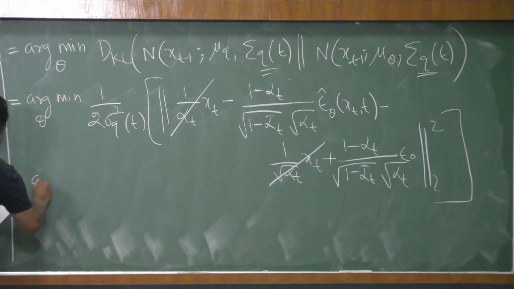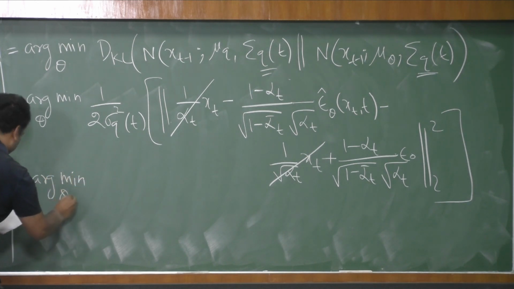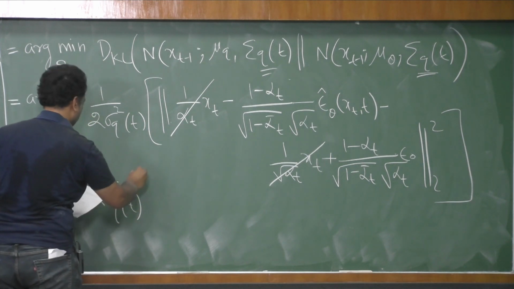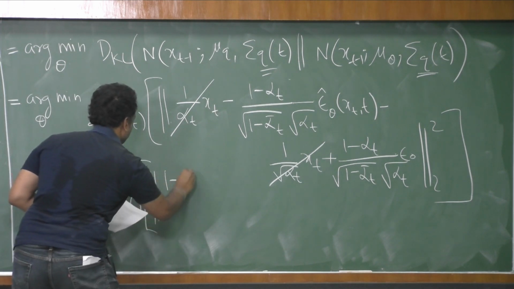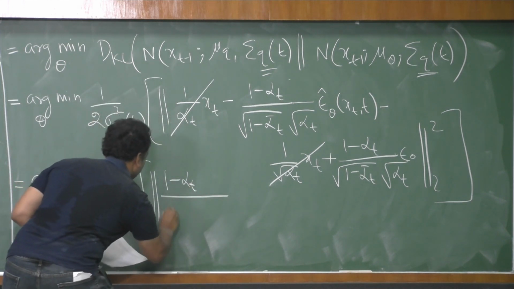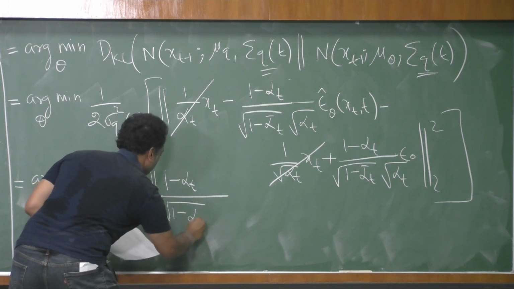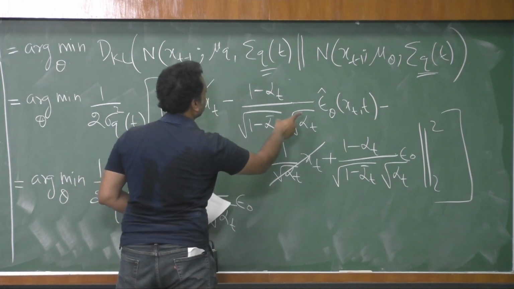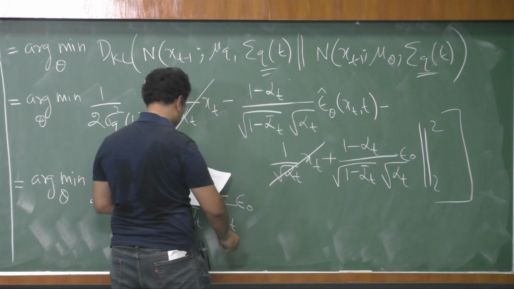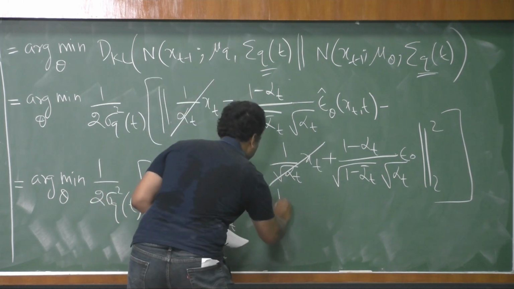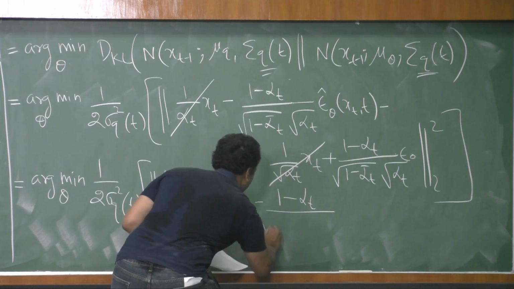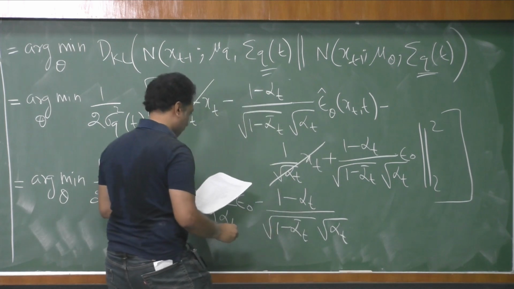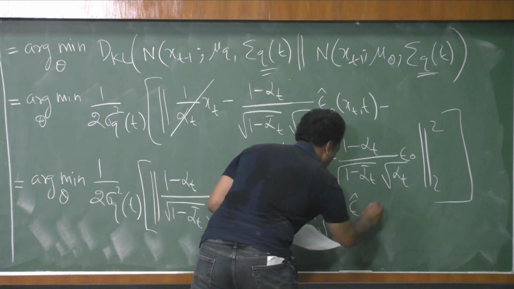So arg min theta 1 by 2 sigma q square t, and then (1 minus alpha t) divided by 1 minus alpha bar t, square root of alpha t, epsilon naught, which is this term first, and then minus (1 minus alpha t) over square root of 1 minus alpha bar t, square root of alpha t, and then epsilon hat theta of xt, t.